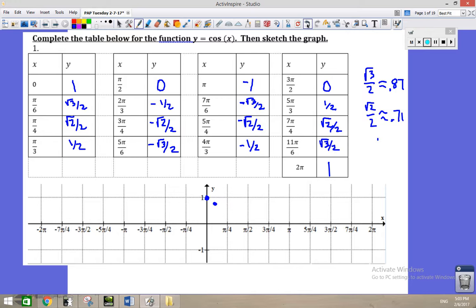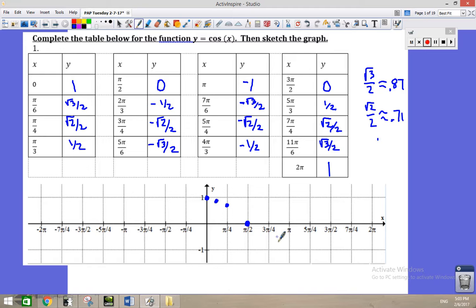There, maybe I went too low on that one. Maybe 0.9 is up higher here. 0.8 for pi over 4 at 0.71. You see, here's the bad thing about doing it by hand, that I'm just estimating this to be half the distance, and 0.7 slightly above that. Pi over 2 is 0. Now that point's easy for me to graph.